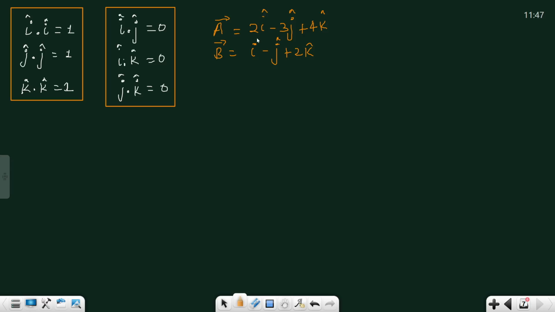We just multiply i with i, j with j, and k with k. So a dot b will be, because i dot j will be 0 and i dot k will be 0, you don't need to write it down. But still, if you want, you can write it.